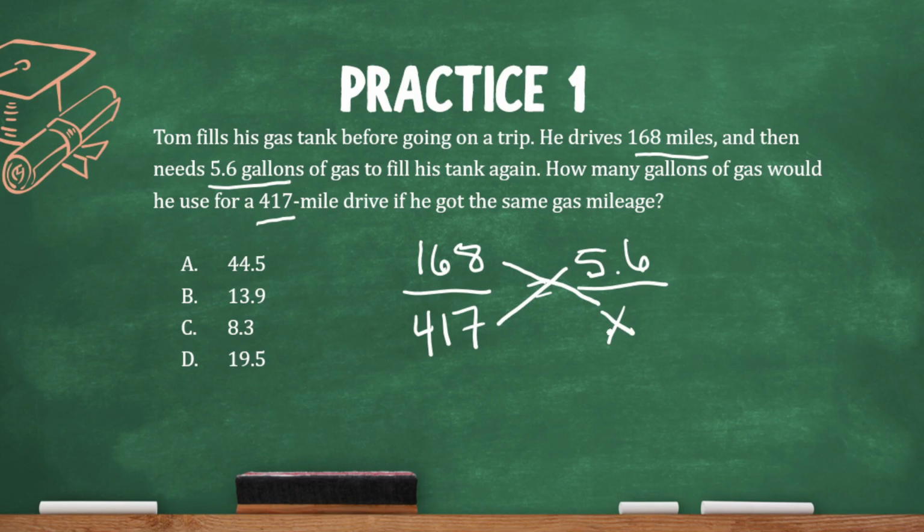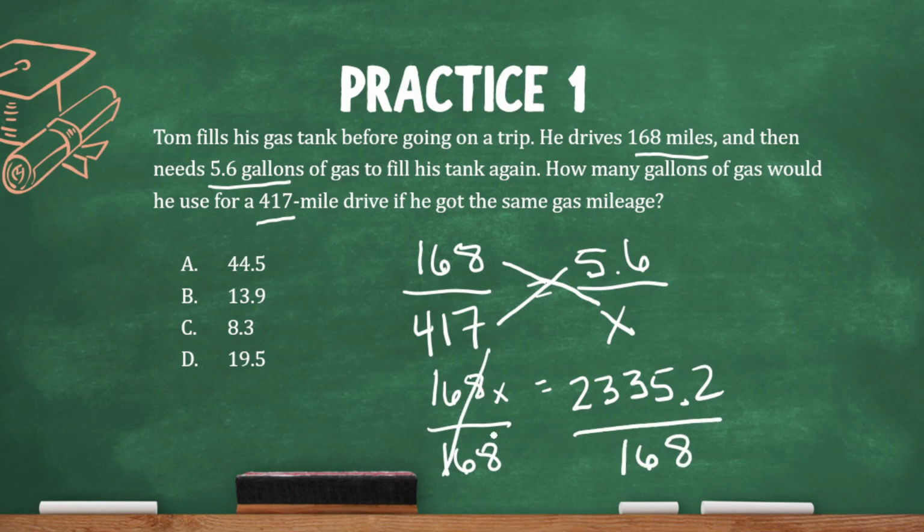So 168 times X is just 168X. And then 417 times 5.6 is 2,335.2. Now our final step is to divide both sides by 168.